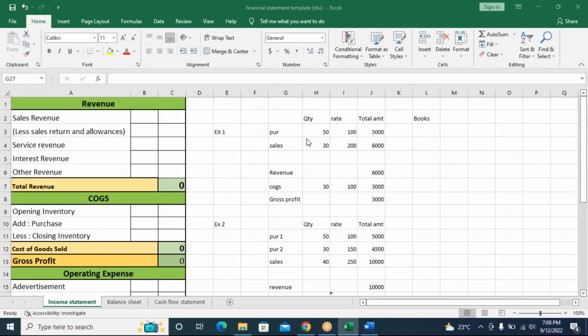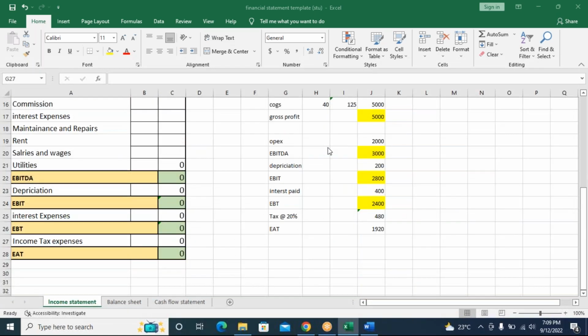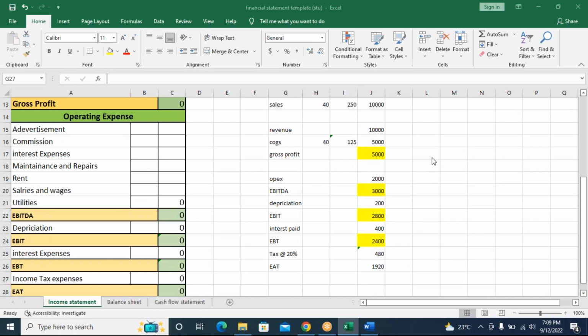Okay, so how is the purchase going to happen? Sales is happening, revenue, and how the COGS will be calculated here, what will be the gross profit on that, how the OPEX will be calculated, all with random values. Here we showed the gross profit as 5,000.